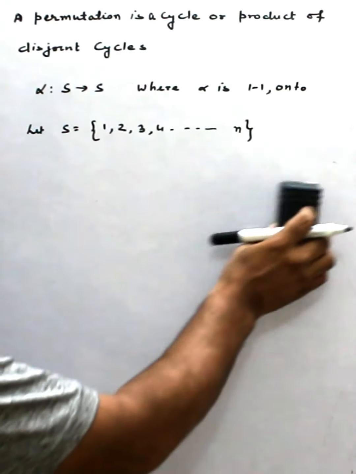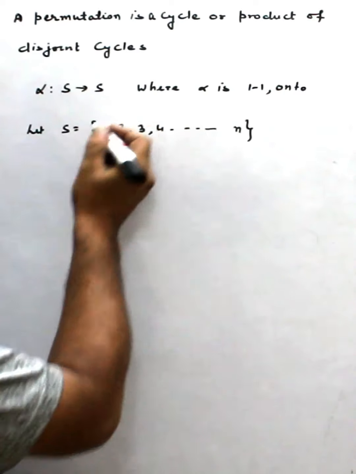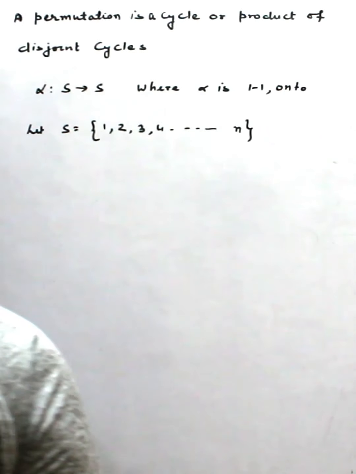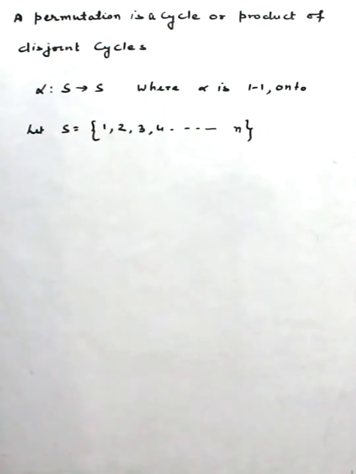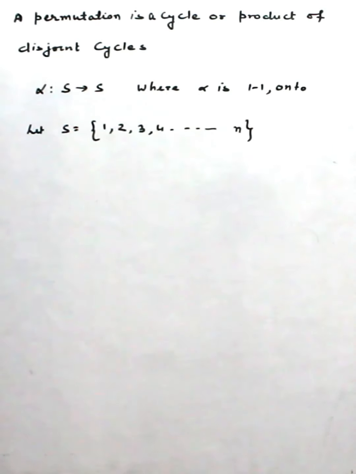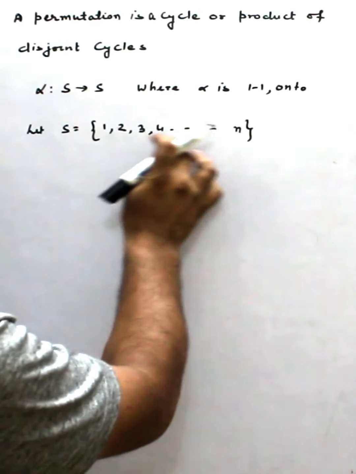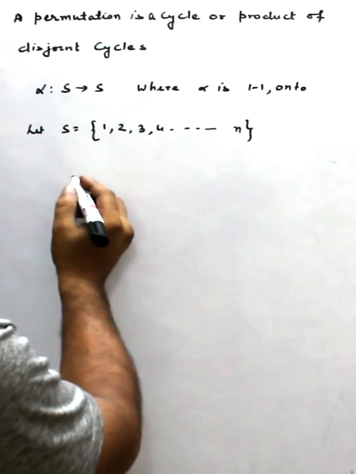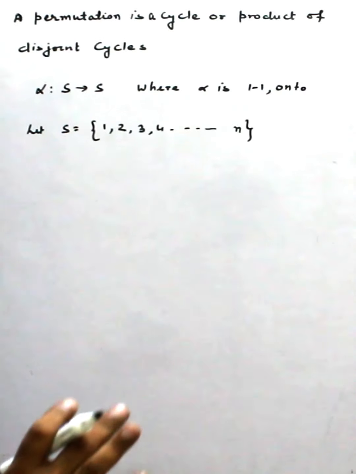Actually here, because I take independent choice, I don't want to start from 1, so I rename the elements of S. What is the rename? I say these elements are A1, A2, A3. That means I take some element of this, I take A1, A2. So I don't know, arbitrarily I pick some number.